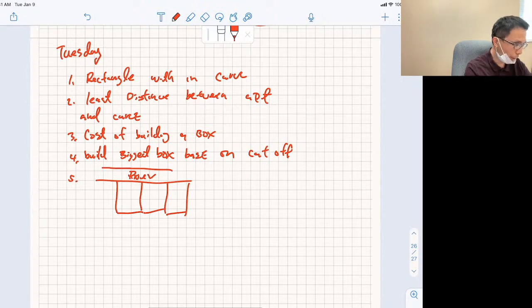We just build this fence, and we want to maximize the area with a certain amount of fence, or the other way around. So you are probably going to see that.